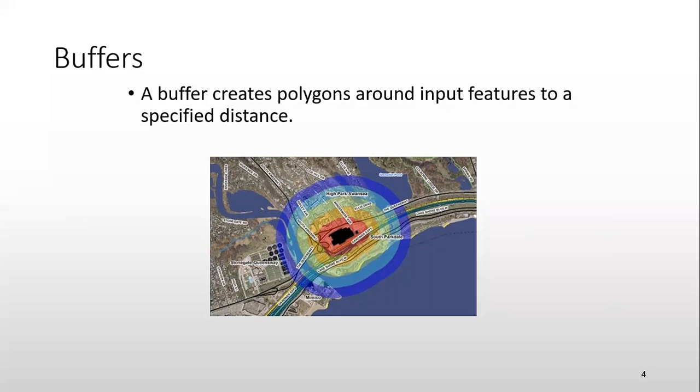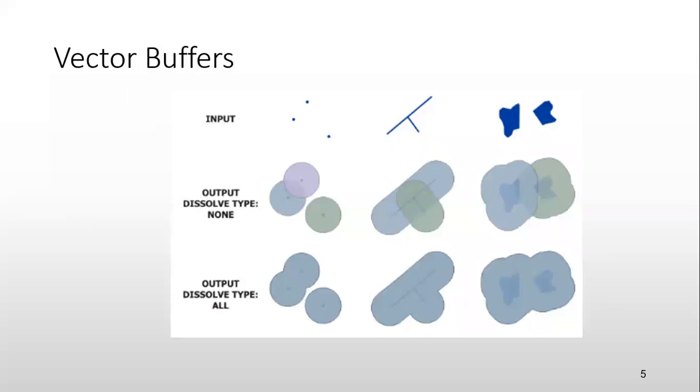If you mark the Silent Valley national park and instruct the machine to create a 10 kilometer buffer, it will show a polygon feature around Silent Valley that denotes 10 kilometers. That is an example of a buffer. Here are vector buffers. You know the difference between vector data and raster data.